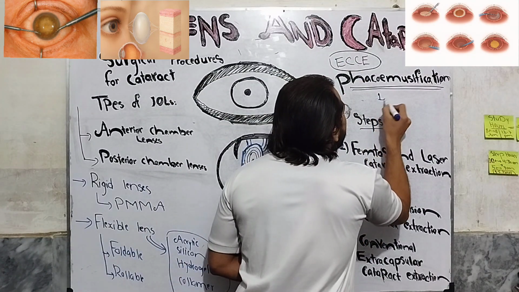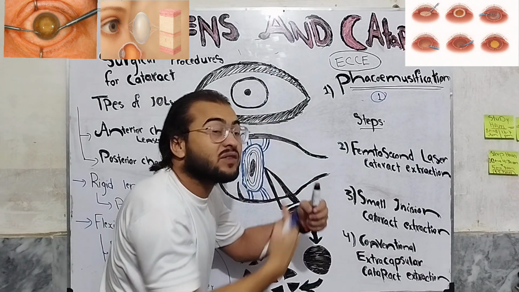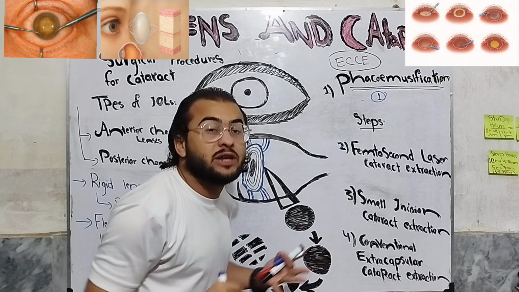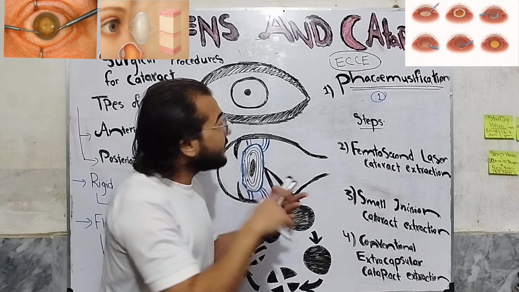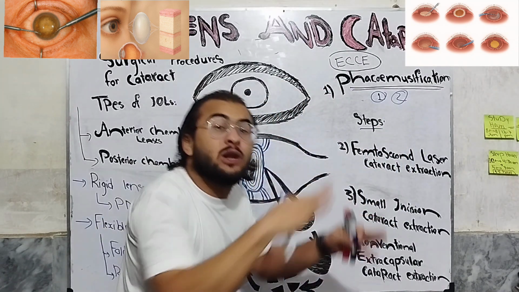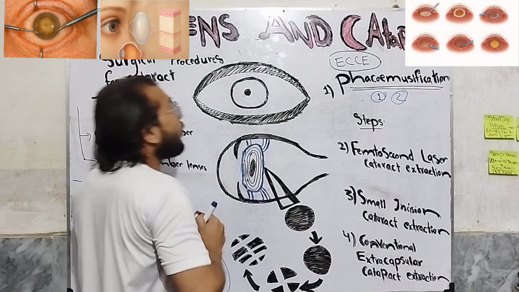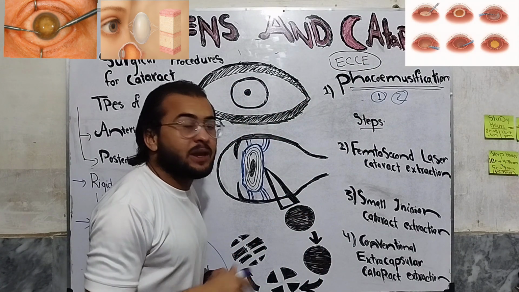The first is that we wash the conjunctival sac and the surrounding skin with povidone iodine antiseptic. And the second is that the pupil should be fully dilated in all individuals. So these are common.